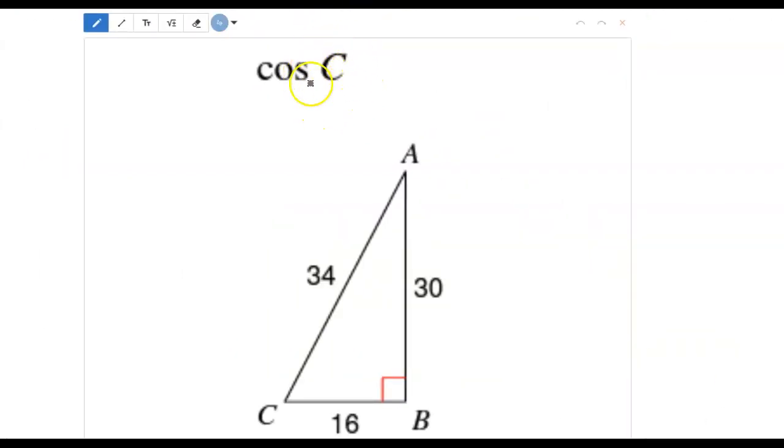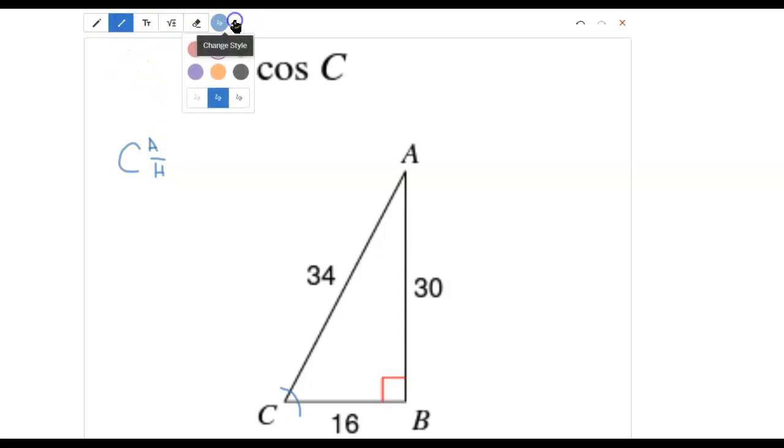Here we're looking for cosine C. For cosine C, C is our referenced angle. For cosine, we want adjacent over hypotenuse. So we're going to look for our adjacent side, not our hypotenuse yet.